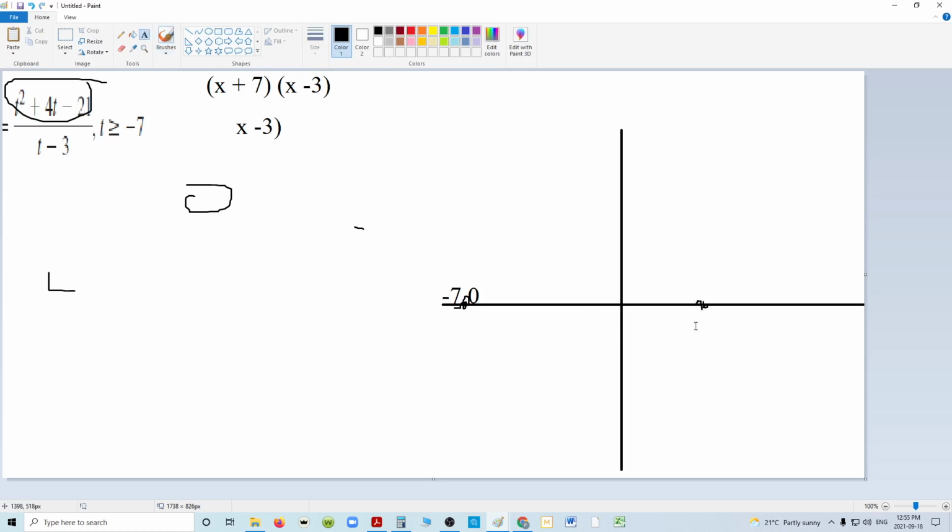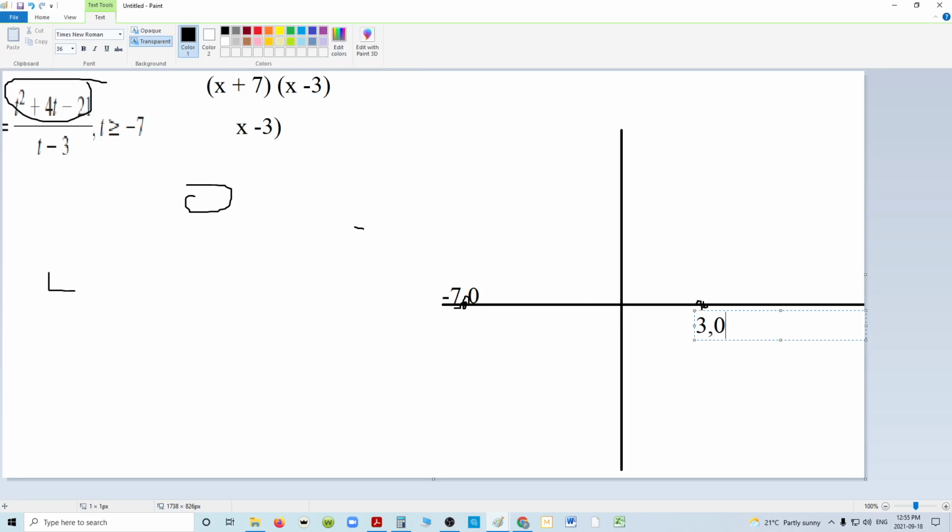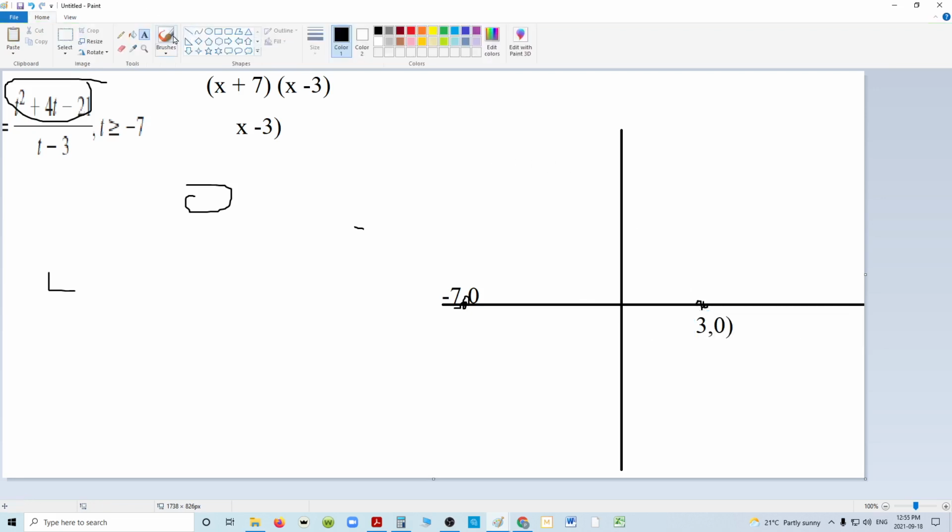Just remember that we're not going to draw the graph to the left side here. It's going to stop right there. What's the vertical asymptote? It's when x is equal to 3. Oh, so we got a problem. Because this factor here matches here, we're going to have a hole there.